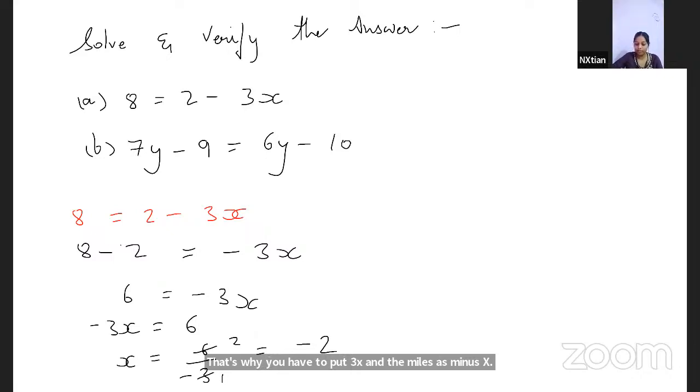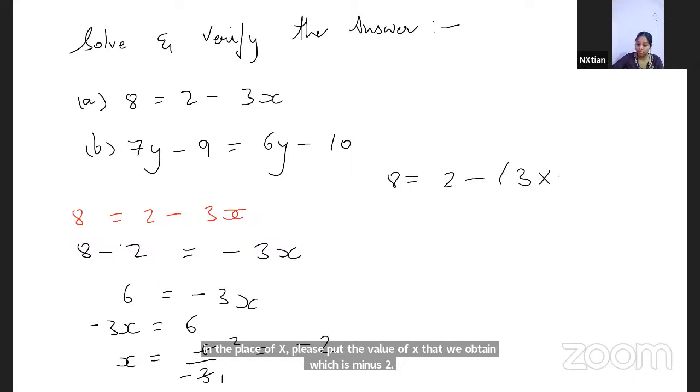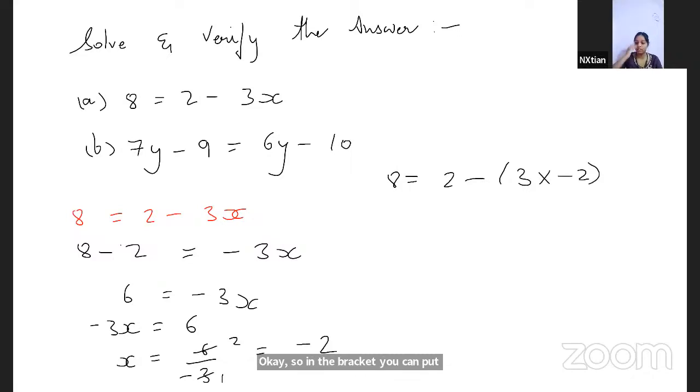Let's try out the verification part. Okay, 8 equals to 2 minus 3x. Now, in the place of x, we'll put the value of x that we obtained, which is minus 2. Okay, so in the bracket, you can put 3 multiplied by minus 2. So we'll do 2 minus 6, that means 2 plus 6. 2 plus 6 is 8.